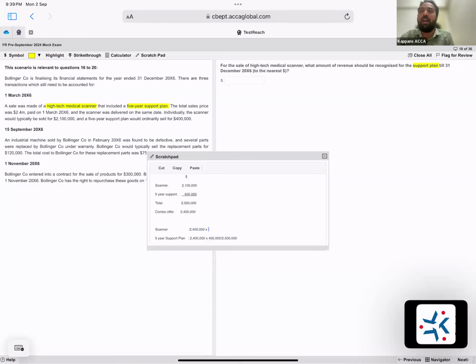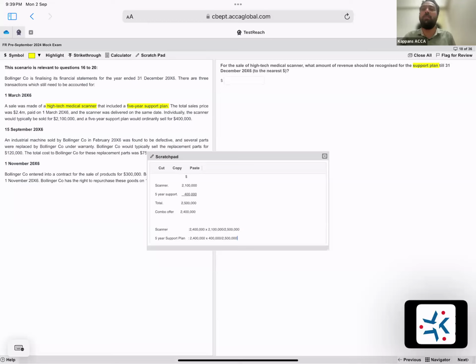The transaction price should be split into the scanner and the 5-year support plan based on their standalone selling price. So the scanner is 2.1 million out of a total of 2.5 million, and the 5-year support plan is 400,000 out of 2.5 million. We don't need to know how much of the transaction price should be allocated to the medical scanner.